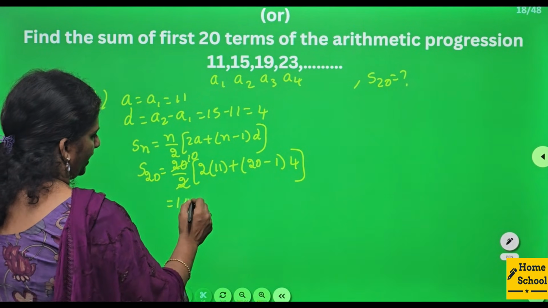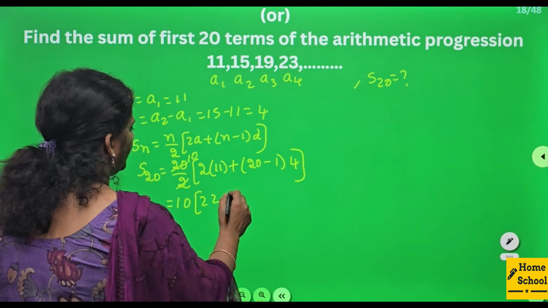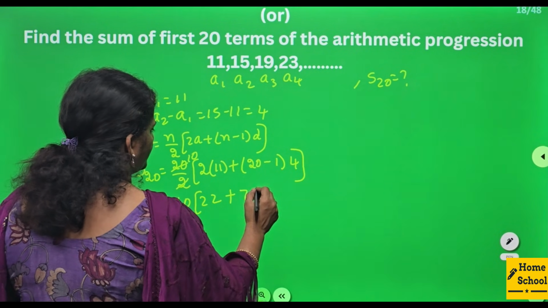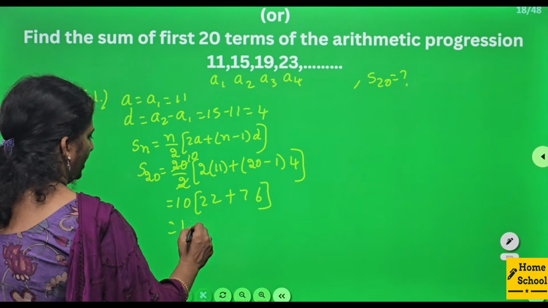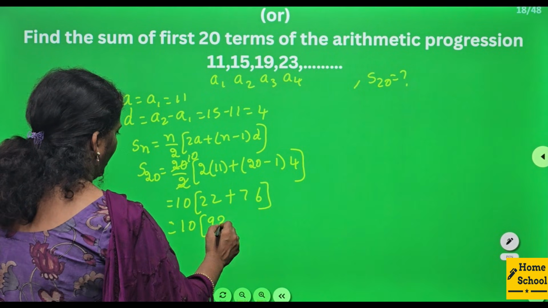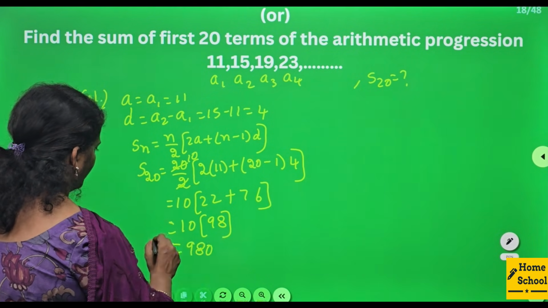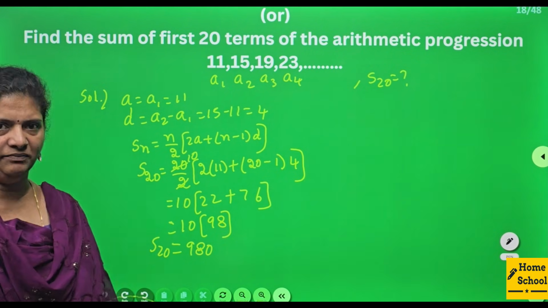That is equal to 10 into 2 11s are 22. 20 minus 1 is 19. 19 4s are 76. 10 into 76 plus 22, it will be 98. 98 tens are 980. Therefore, sum of 20 terms is 980.